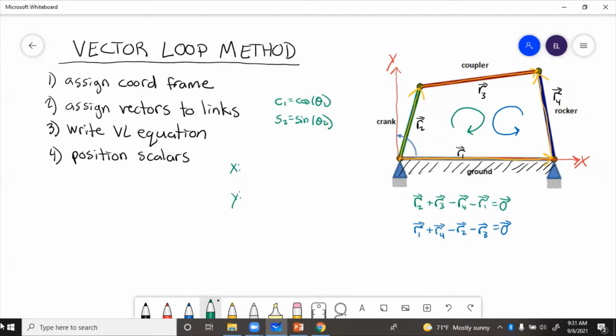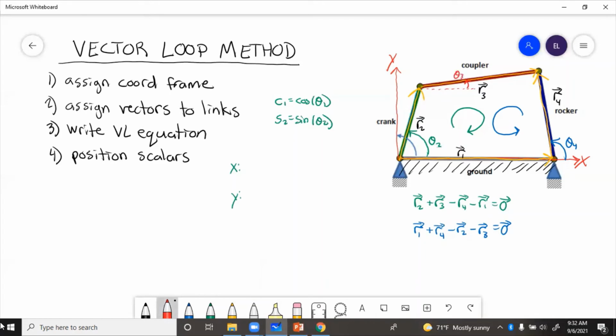Now, we need to actually know what those angles are. Every angle is given positive counterclockwise relative to the positive x-axis, just like in a normal coordinate frame. So that would look something like this. Theta 2 goes there. Theta 1 is just 0. Theta 4 is like that. And then theta 3, remember it goes from the positive x-axis, so measure from the horizontal, just like that, theta 3.